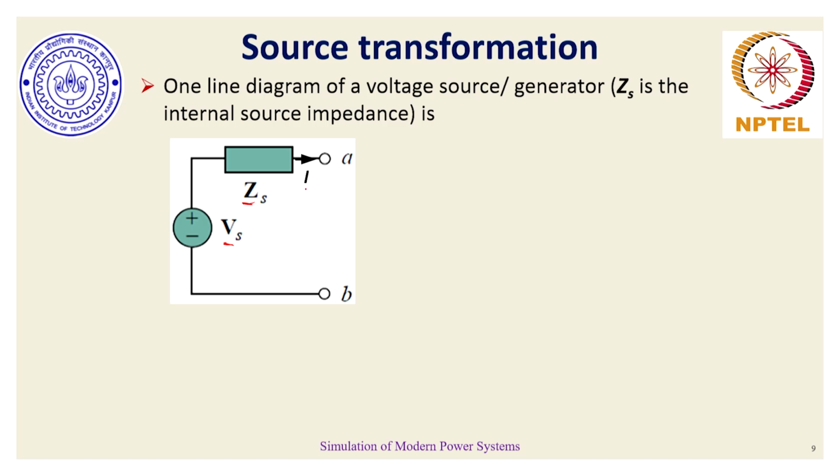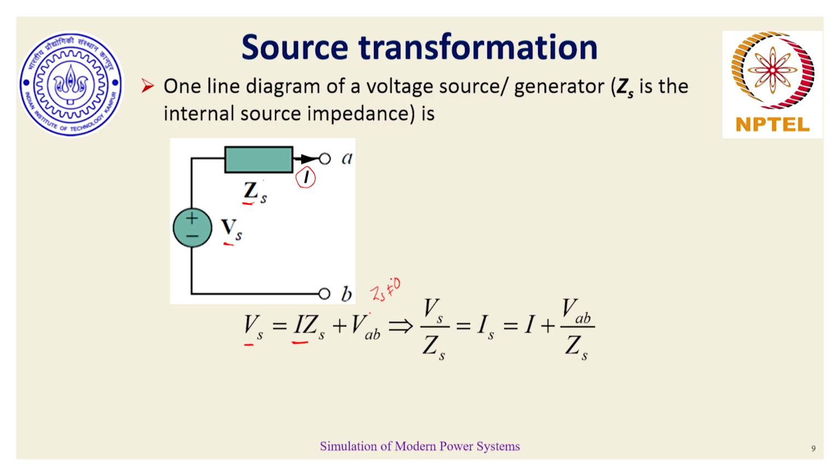By KVL, we can always find the terminal voltage VAB in terms of Vs and I Zs. I Zs is the drop across this internal source impedance. And since it is a non-ideal voltage source, Zs is definitely not 0. For an ideal source, Zs would be 0.